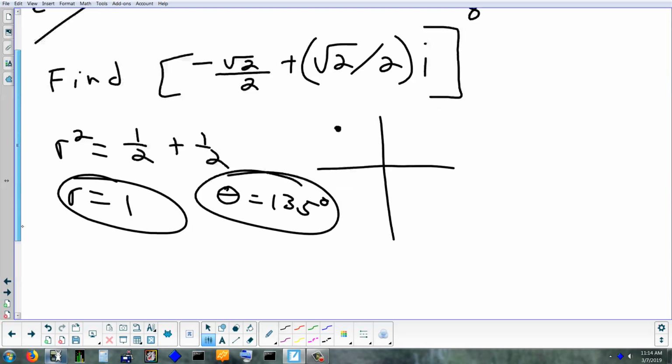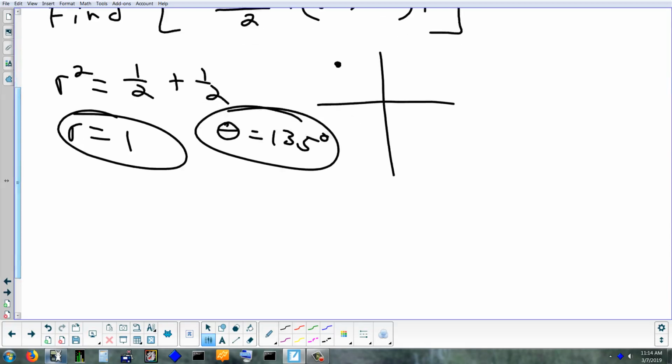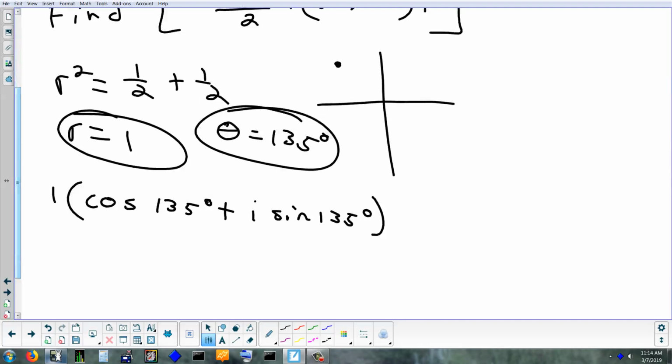Okay, so now let's write our number. You don't need r. R is only 1, so it's not as important. So cosine 135 plus i sine 135. I mean, if you want to put the 1 in, you can.